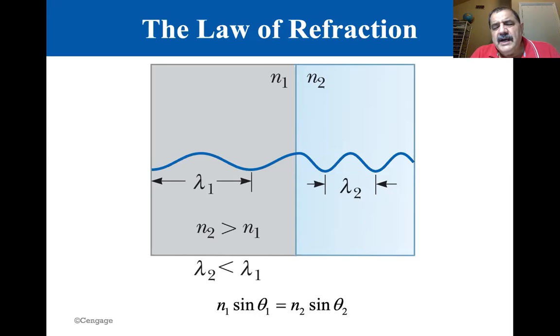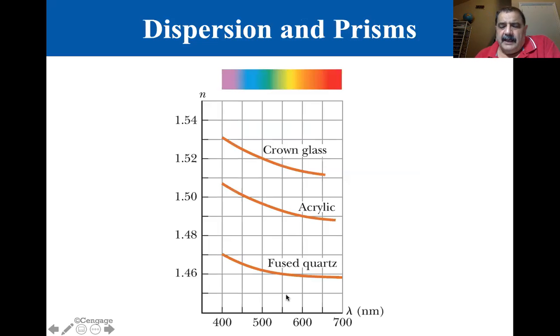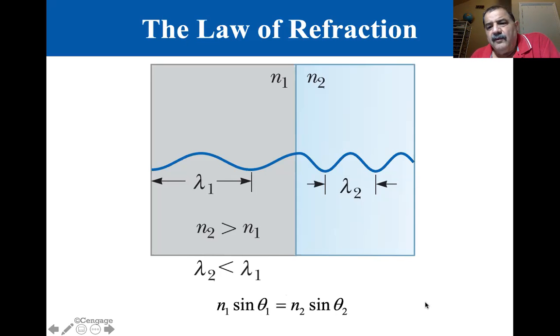If you recall the images, theta 1 is the incident angle, the angle between the incident ray and the normal, and theta 2 is the angle between the refracted ray and the normal. Theta 2 will always be less than theta 1. Okay, and that's it for the law of refraction. We'll go on to dispersion next time.